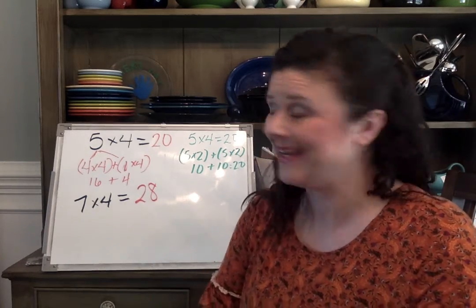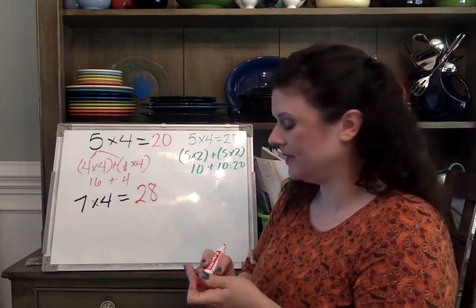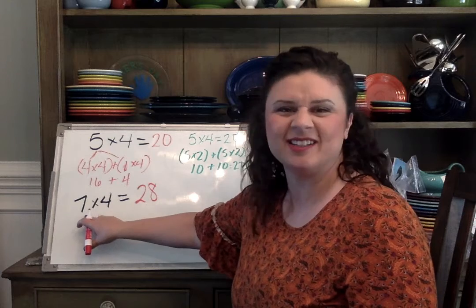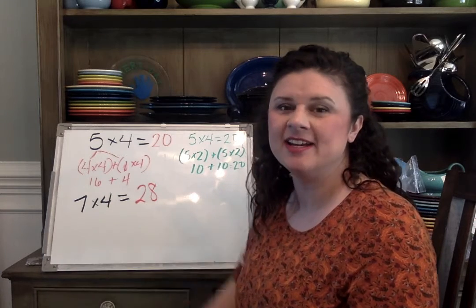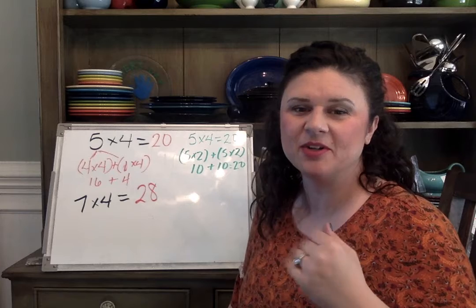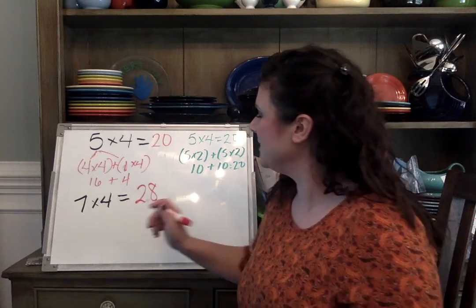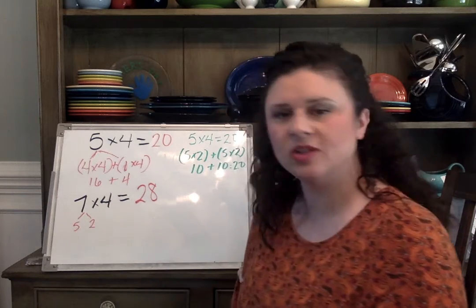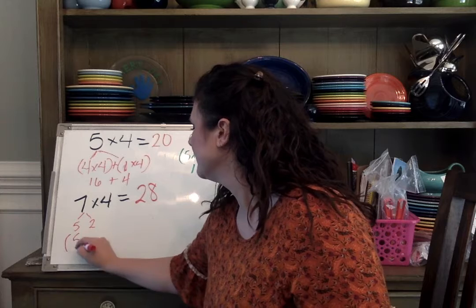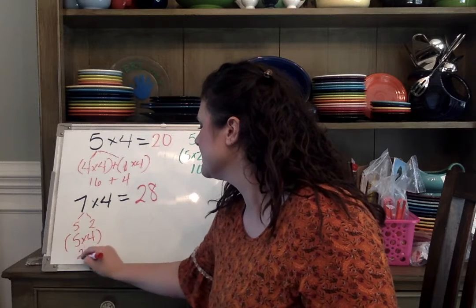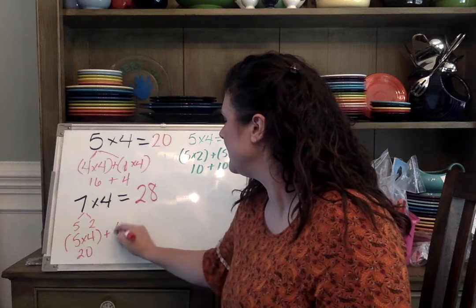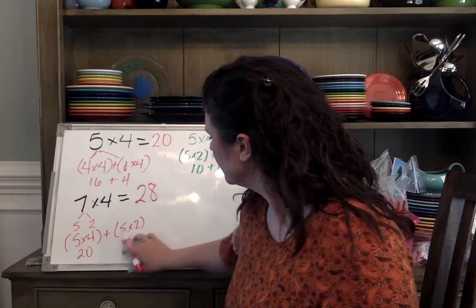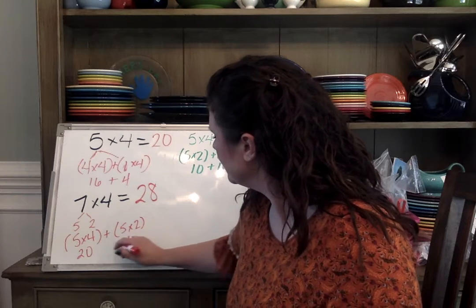Now my strategy today is using 5. Can I pull a 5 out of that 4? Do I like to multiply by 7s? 7 is that odd number that's hard to work with, but I know inside that 7 there's a 5 and a 2. 5 times 4 is 20, plus 5 times 2 is 10.